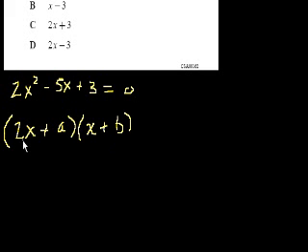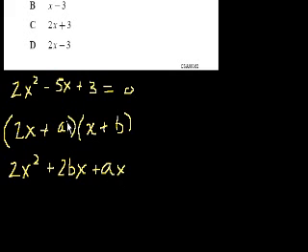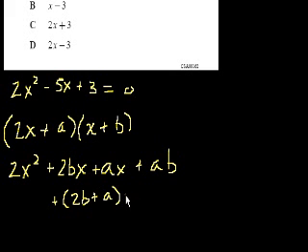And if we were to multiply this out, you get 2x times x is 2x squared, as it should. 2x times b is plus 2bx. a times x is plus ax. a times b is plus ab. And so let's see what we get: 2x squared plus 2b plus ax plus ab.